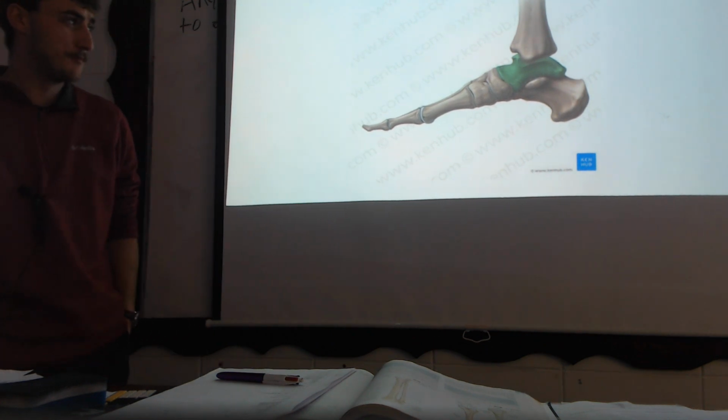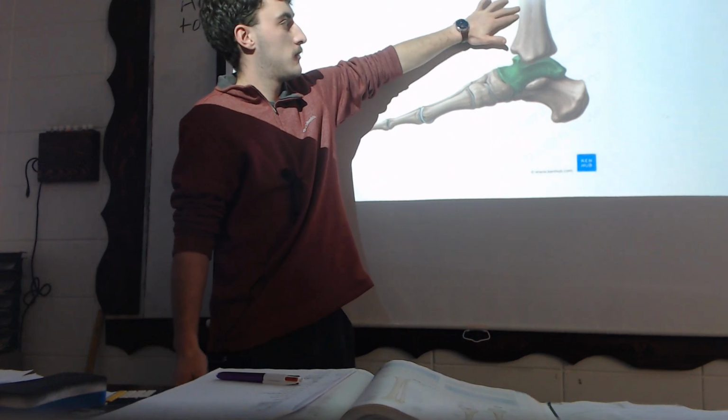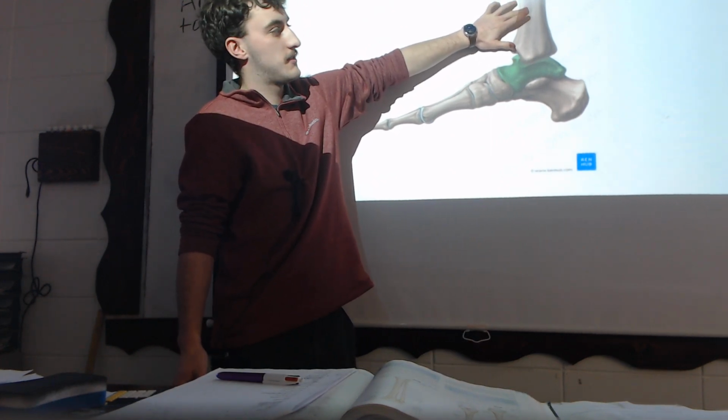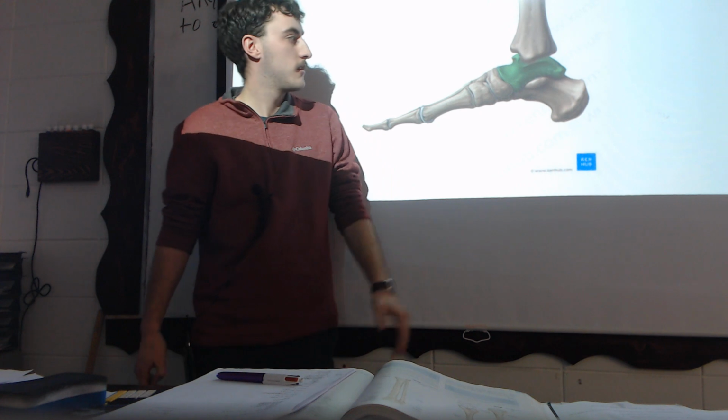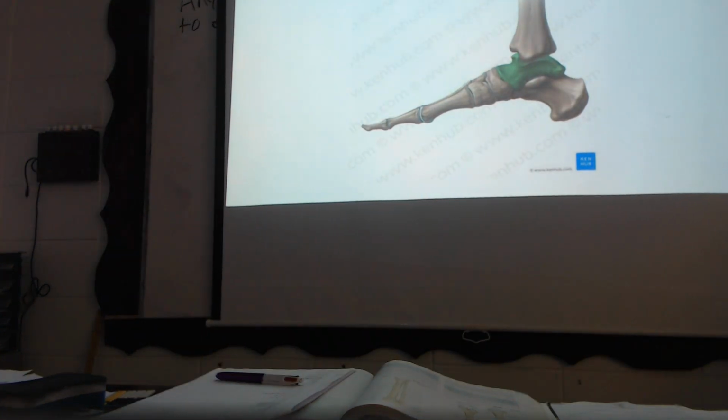The talus is the bone that articulates with, what bone is this? Tibia, right? Because the tibia comes straight down onto the talus itself, and that's what gives it support.